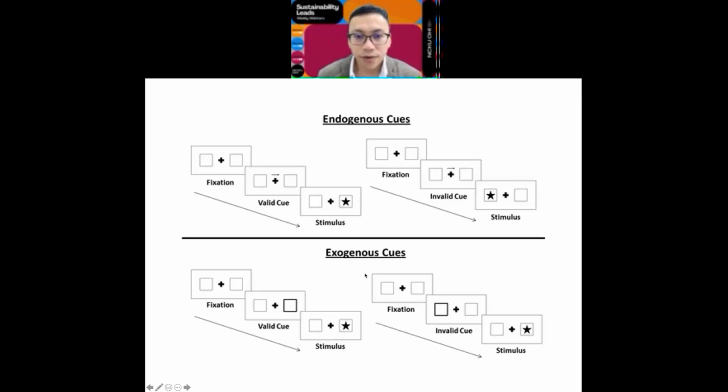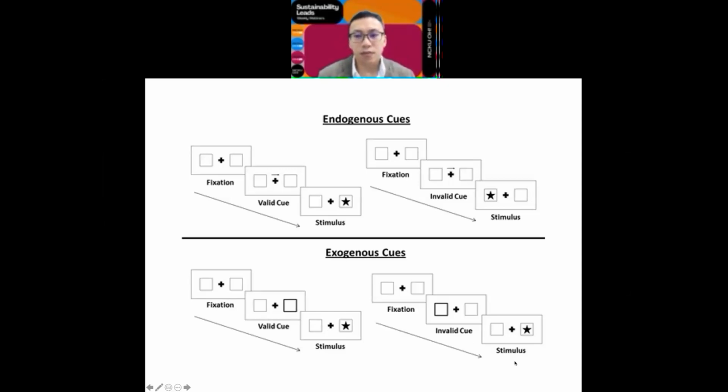So this is the arrow cueing as an endogenous cue manipulation. But you can see for the exogenous cue condition, there is no central arrow cue. You can see the peripheral box will light up as an exogenous cue. Here, this is the valid condition, then this is the invalid condition.